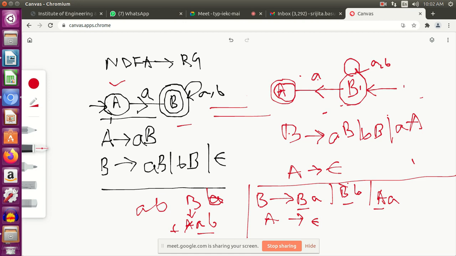Still, I need to check this because I'm not very sure, and I don't want to give you a vague answer. What is the proper way of reversing a finite automata having more than two states, maybe three or four states? I'll check it out and let you know. Okay.